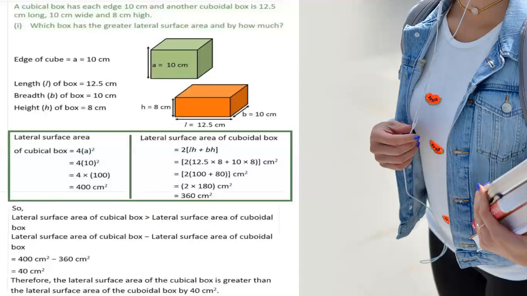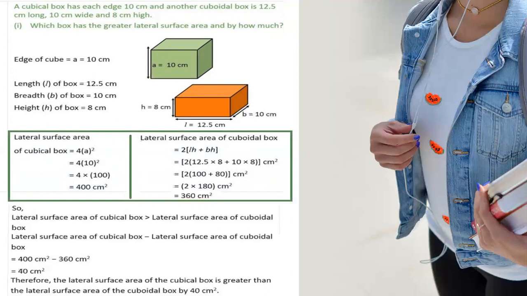Now we can calculate the lateral surface area of a cube with a equal to 10 centimeters and the lateral surface area of a cuboid with length 12.5 centimeters, breadth 10 centimeters and height 8 centimeters. Lateral surface area of a cubical box is 4a square.